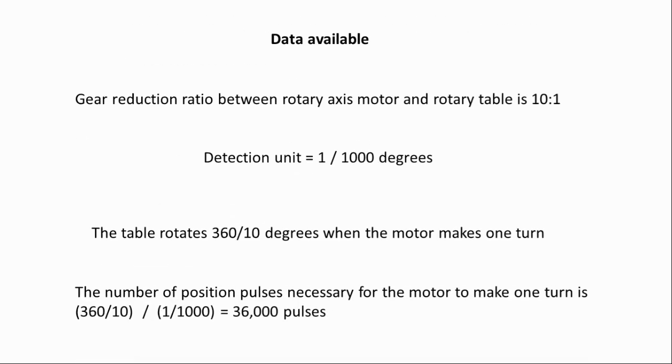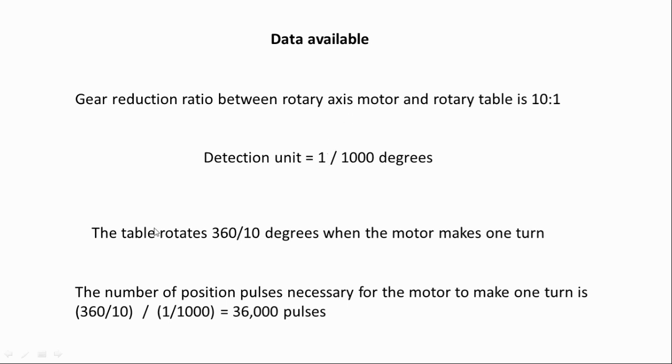For example, I will show you one sample calculation. The gear reduction ratio between the rotary axis servo motor and rotary table is 10:1. Assume that I have one machine where the gear reduction ratio between the rotary axis servo motor and rotary table is 10:1, and the detection unit is 1 divided by 1000 degrees. This is the available data.